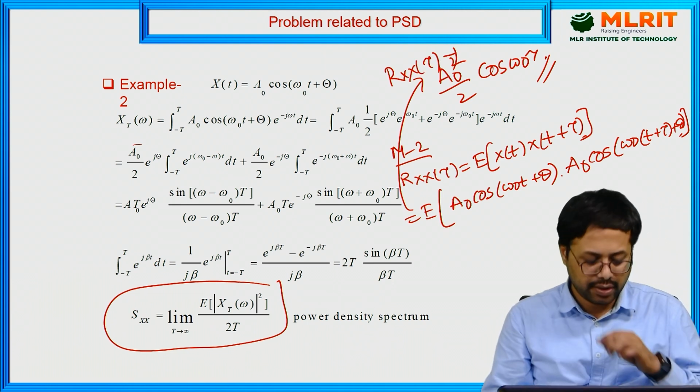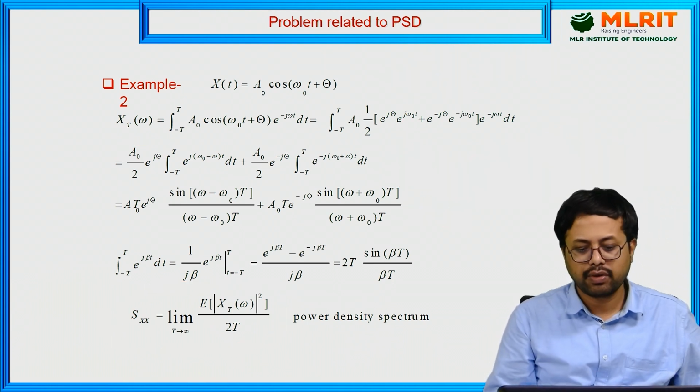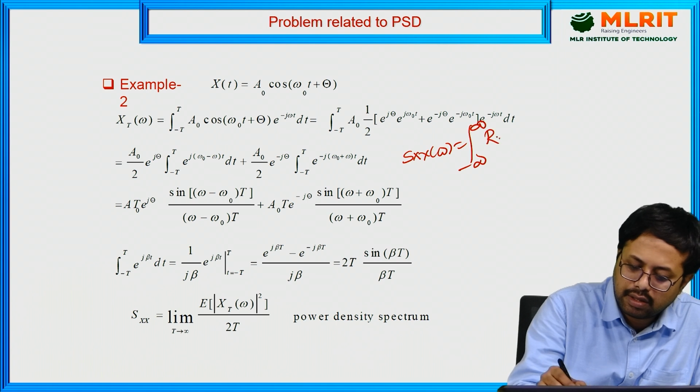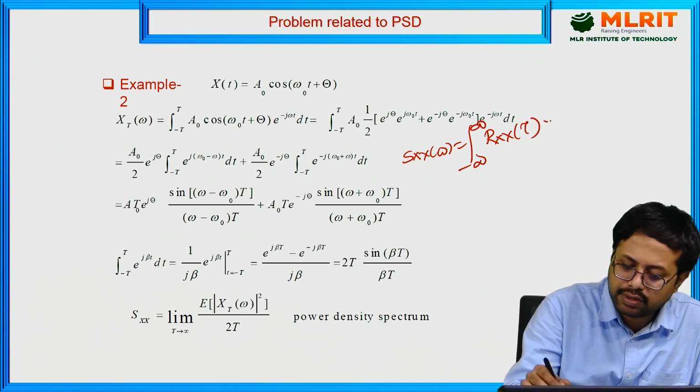Now after completing the autocorrelation function, next we have to apply the power spectral density. This is the formula we have to use.